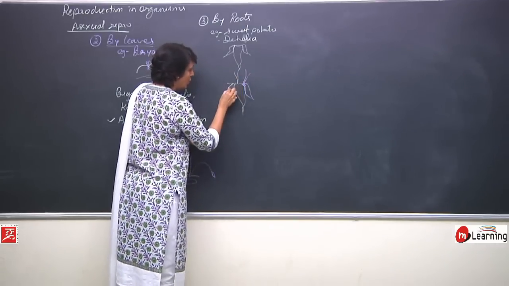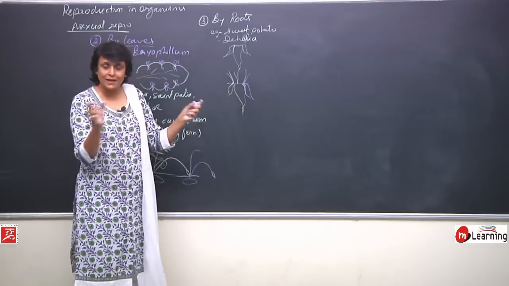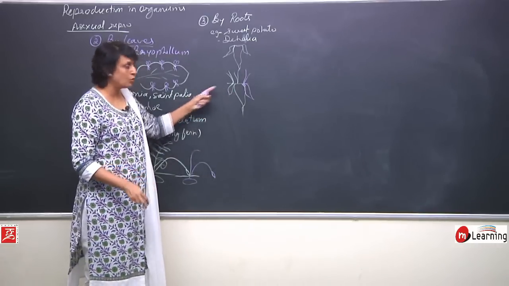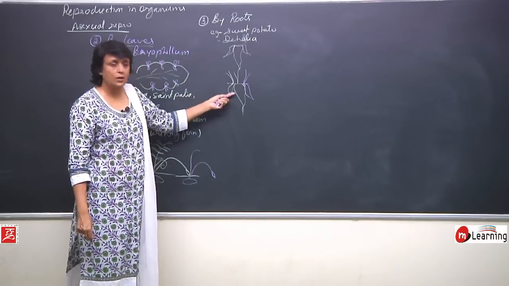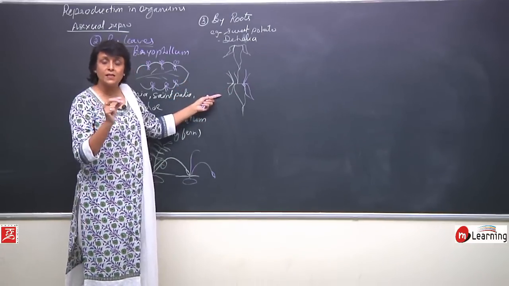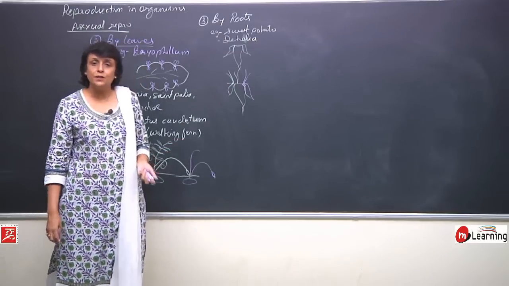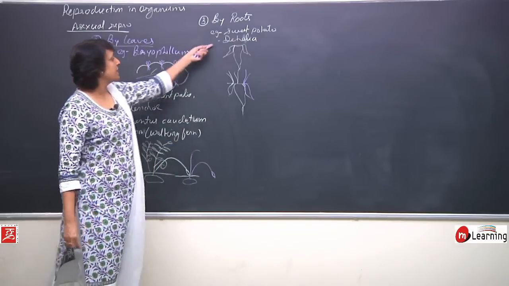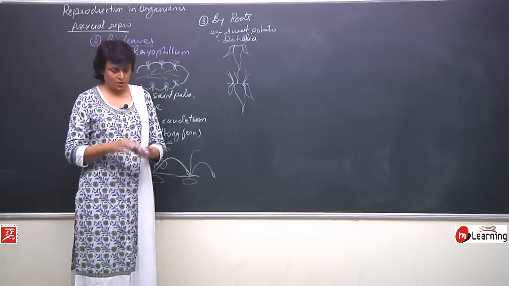So if there is one more here, there would be 3. And then you can separate these, each would have its own root and its own stem. But the reproductive structure is the root, because the buds have appeared on the roots. These buds are called adventitious buds. So these are some examples where we find roots helping in vegetative propagation.